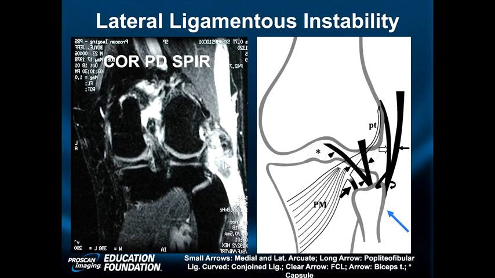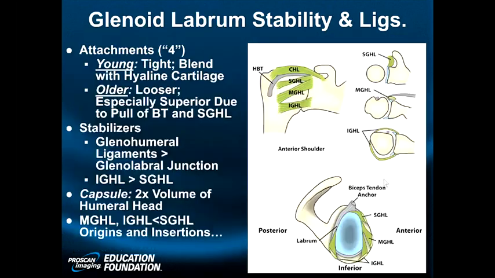And I showed you already some pretty horrific ligamentous injuries on the lateral side, so there's no need to revisit this. But I think revisiting this is helpful because some of you are asking me about the ligamentous anatomy of the shoulder, which is a little challenging.